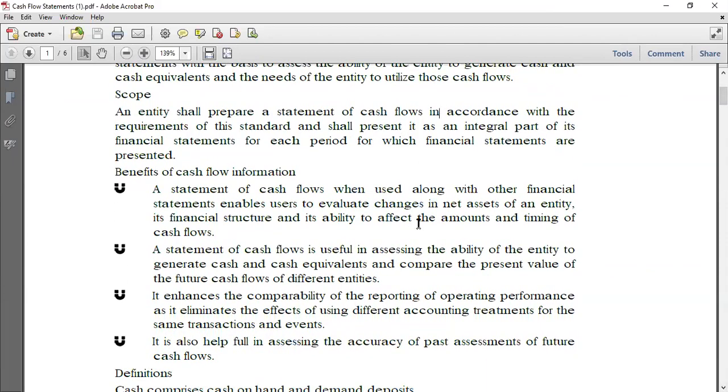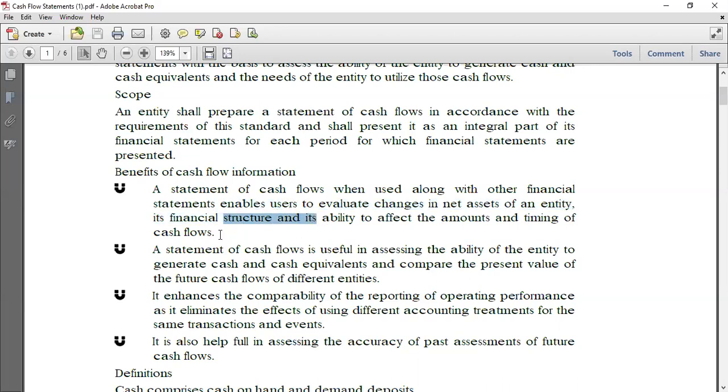You shall be able to understand more, but yours is to know that the cash flow statement, since it is recording more of cash, also helps us to look at how the different net assets have changed. By net assets, we are looking at, especially our long-term assets, how they have changed over time and how that affects our cash flows.